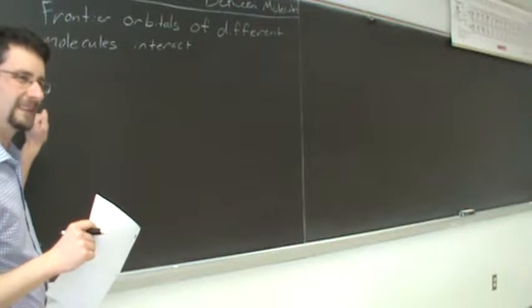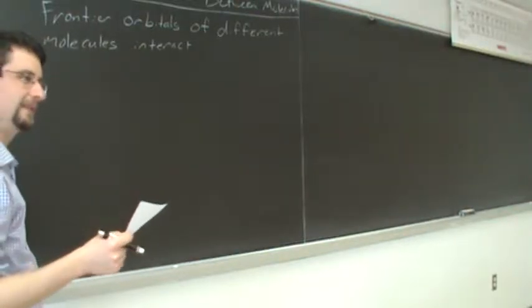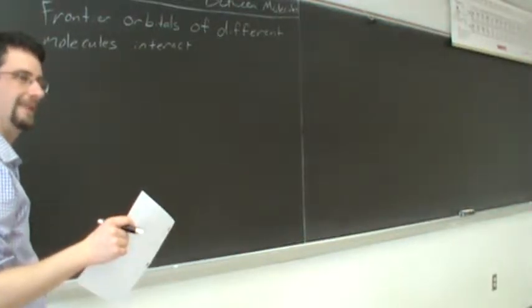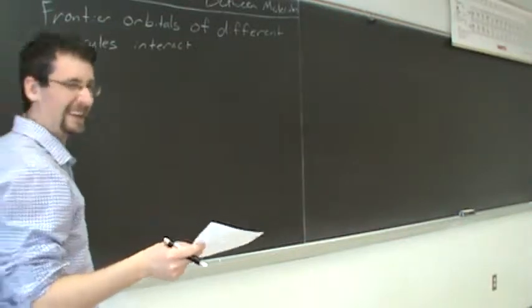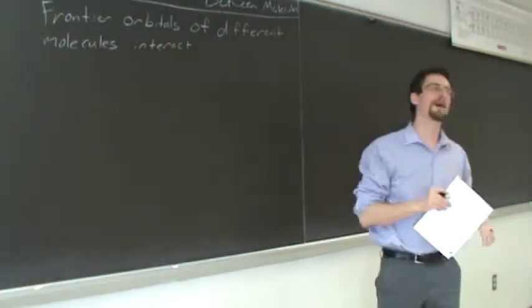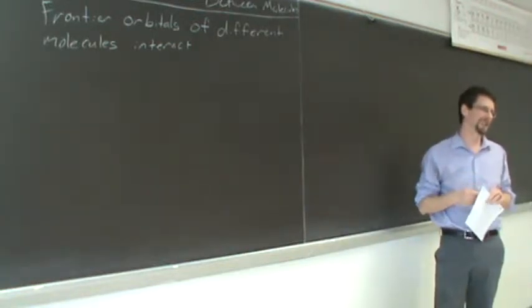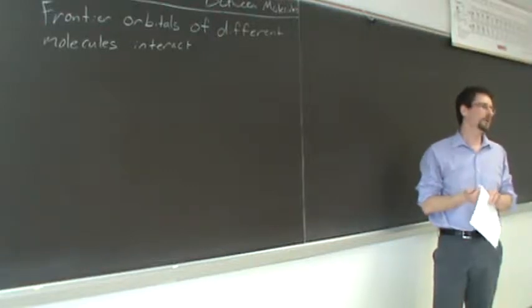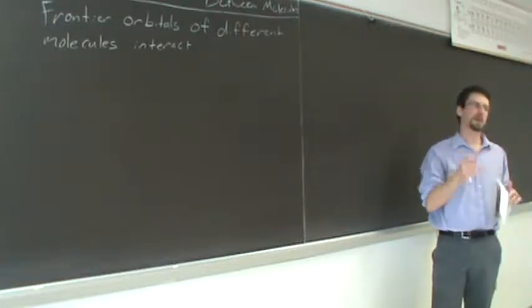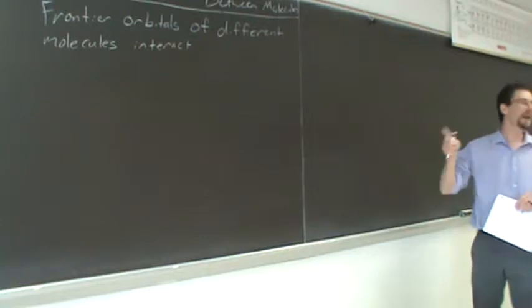Does anybody know? We talked about them, but we never called them frontier molecular orbitals in this class. In all those diagrams, I made you point out two. Yep, the HOMO and LUMO.